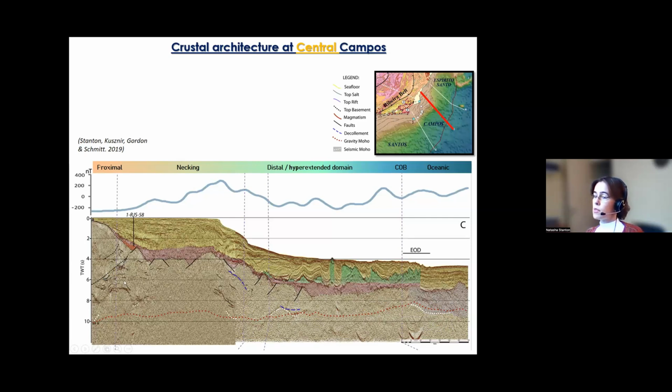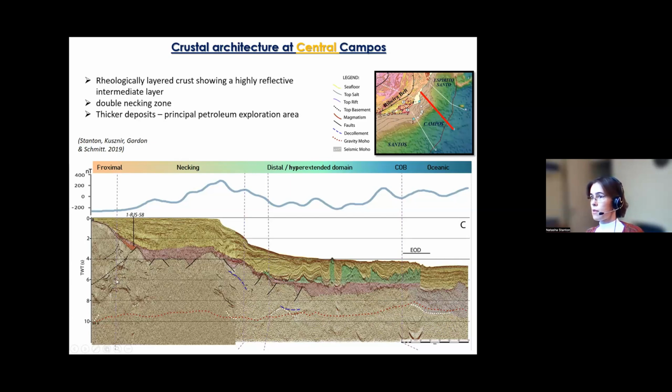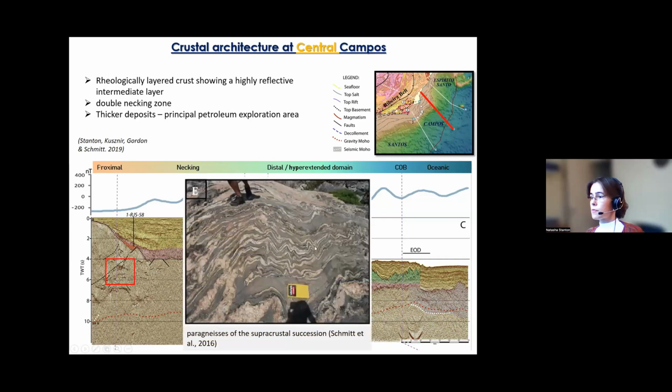This could be an orogenic basement that I will show you here as a possible analog to represent this middle crust: this paragneissic sequence of supracrustal rocks from the Cabo Frio tectonic domain. A very foliated basement could imprint this kind of reflection pattern.